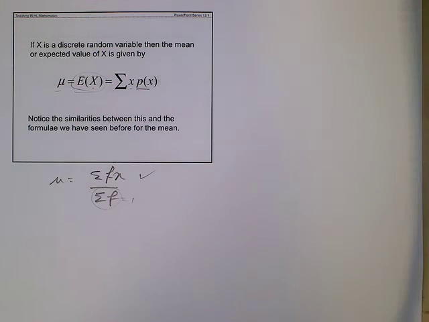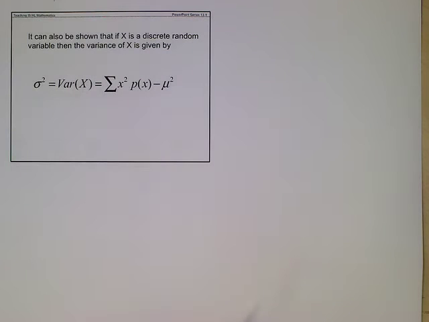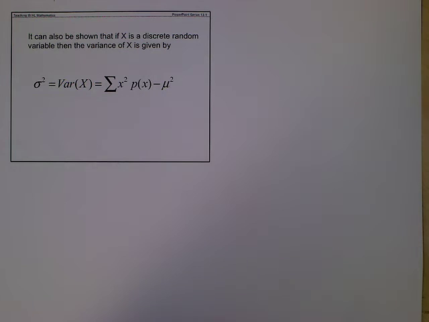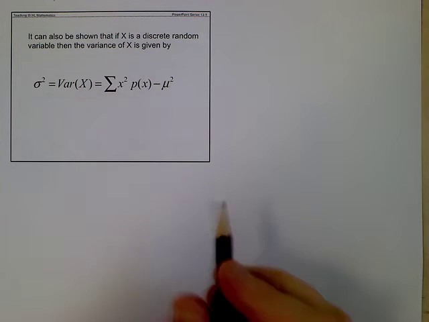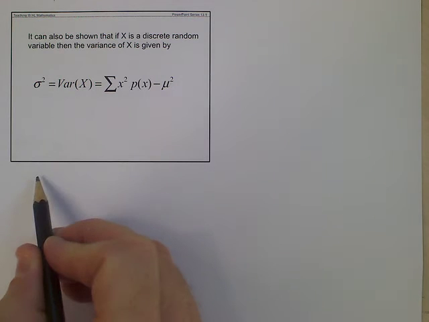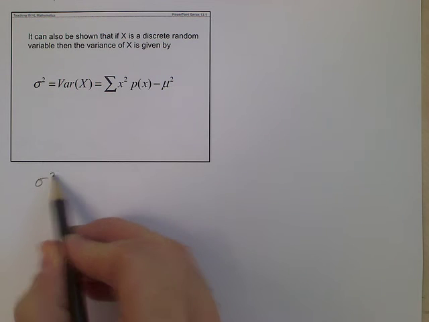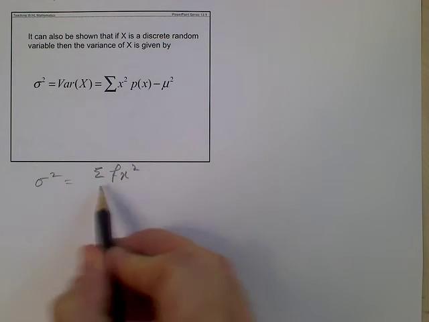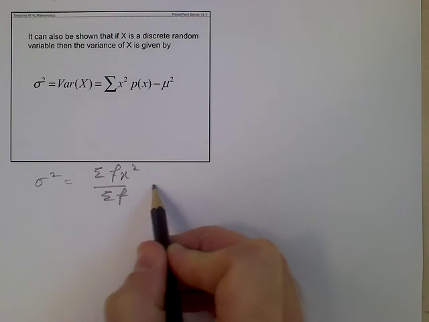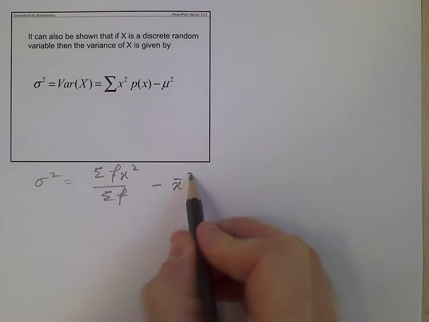That then extends to when we think about the variance of a random variable. And the formula for that is given here. And again, I'm just going to look at the similarities between the formulas we've seen before. Earlier on, we saw that the formula for variance is given by the sum of fx squared over the sum of f, subtract the mean squared.